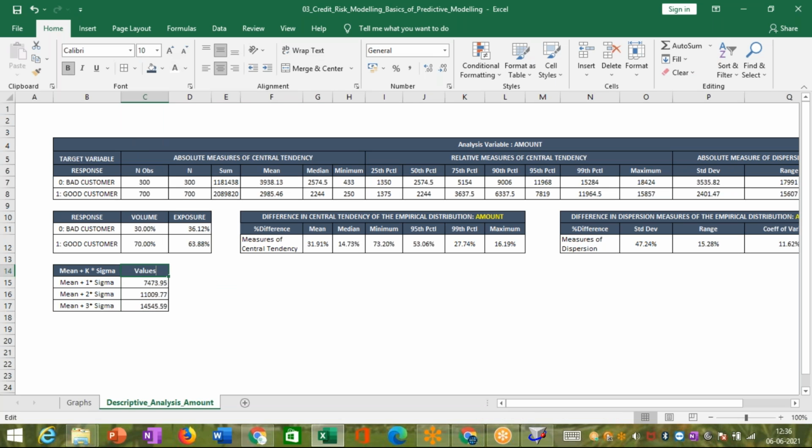Right. So these are the values for the bad customers, and over here we are doing the same for the good customers.